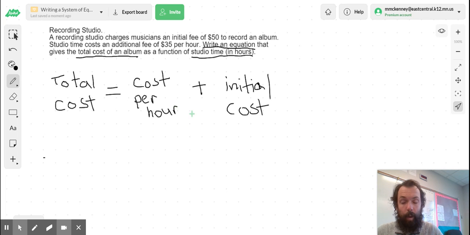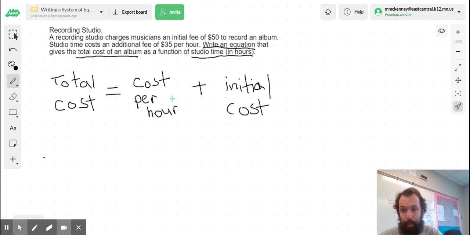Now, to go from the verbal phrase to our algebraic equation, I need a couple variables. I have 3 parts here, and 2 of them can change. The initial cost is always going to stay the same. The number of hours to record an album could change. Your album could take 5 hours to record, it could take 10 hours. And as the number of hours changes, the cost will change as well. So I need 2 variables.